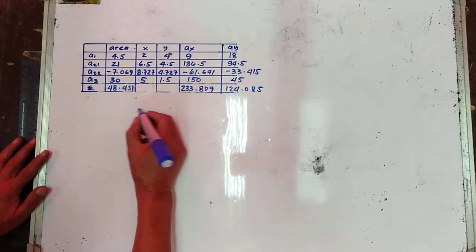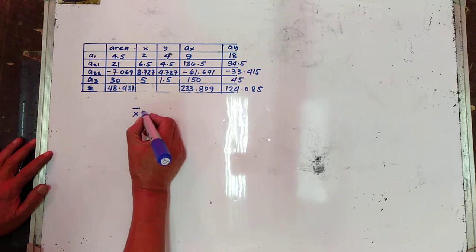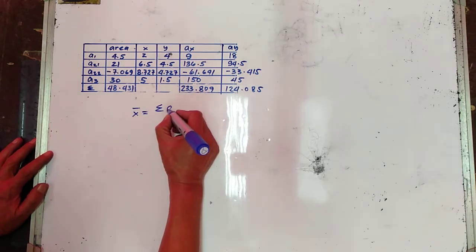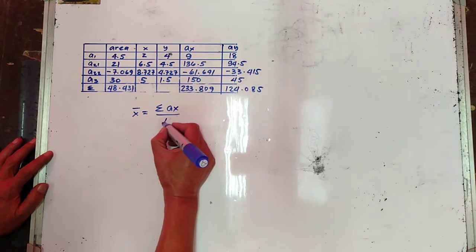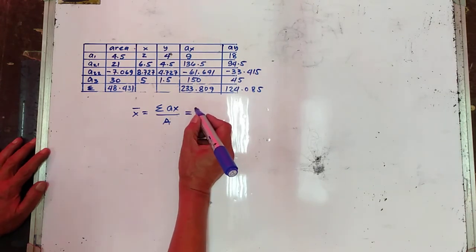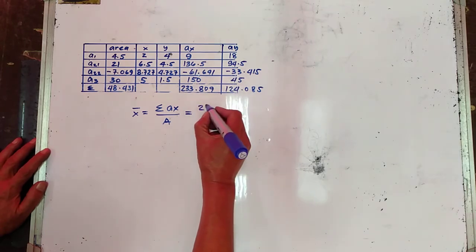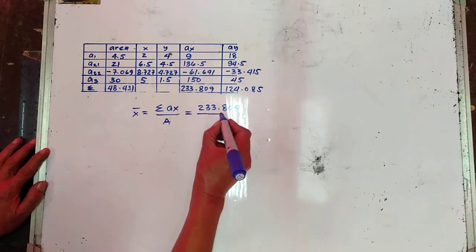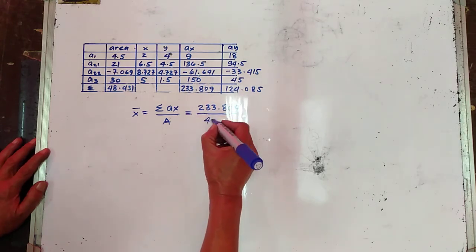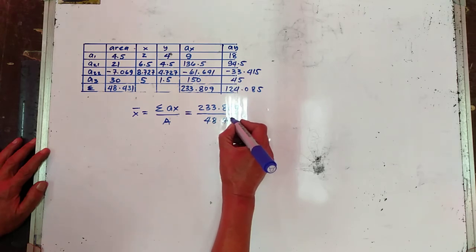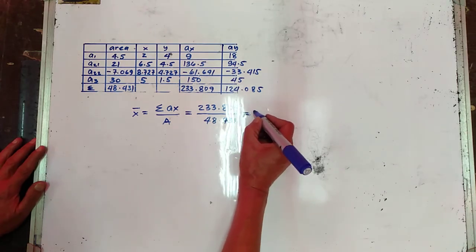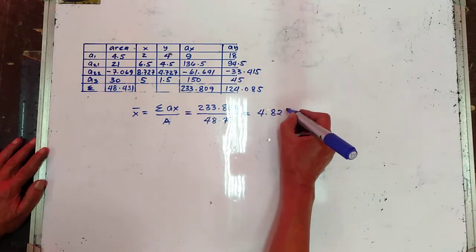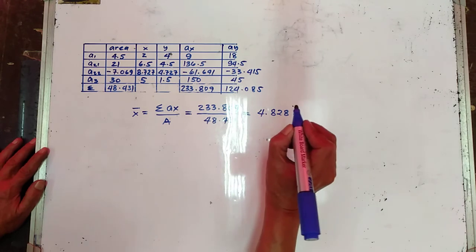Now, your bar X is equal to summation Ax all over the total area: 233.809 all over the total area, 48.431. And this is equal to 4.828 inches.